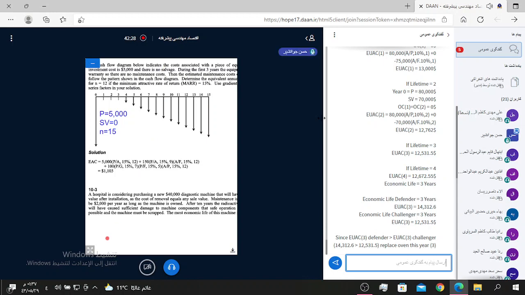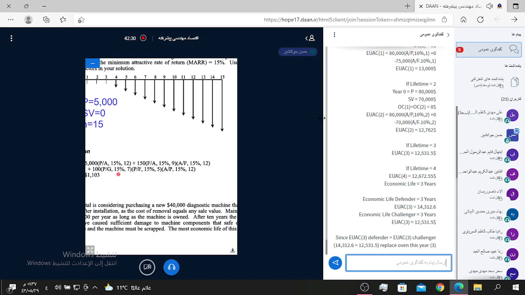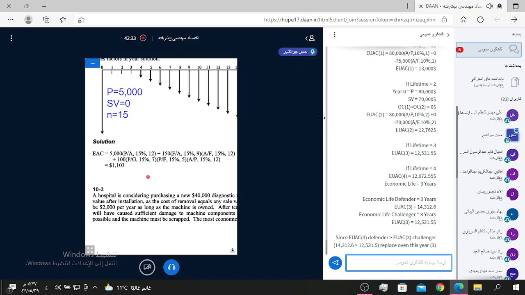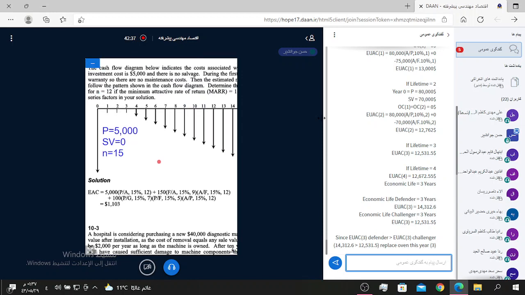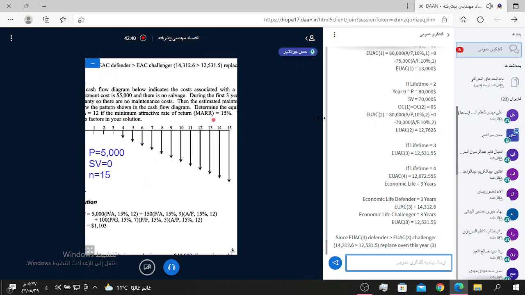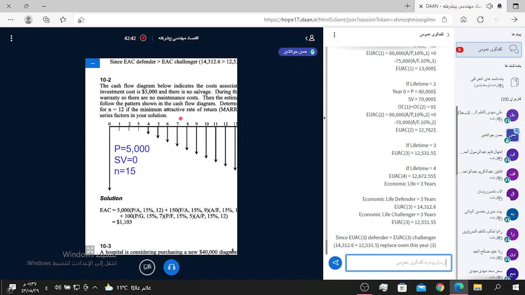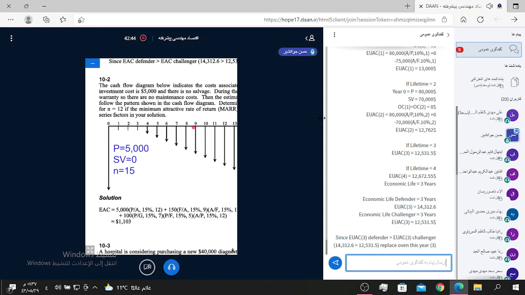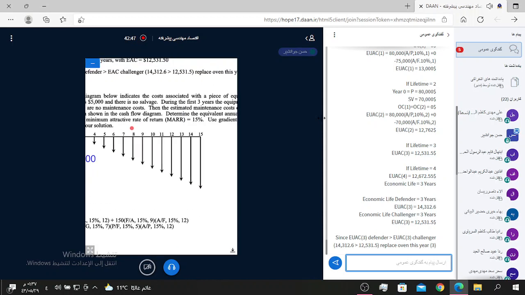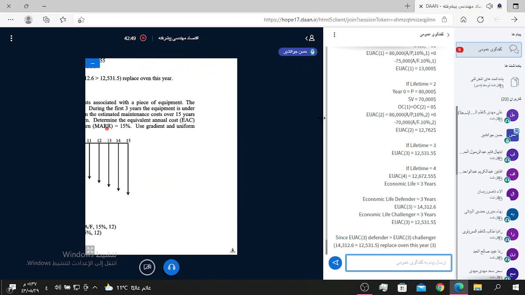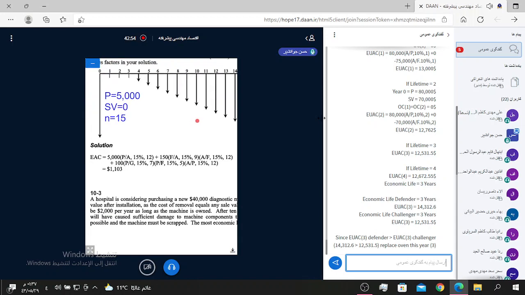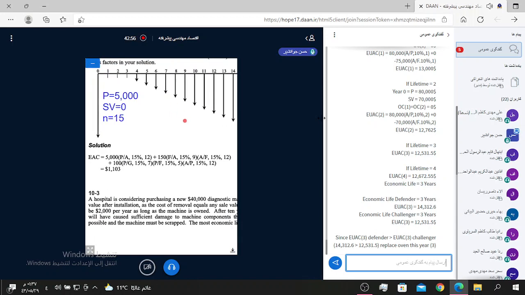For finding UAC, I must write MARR equal to 50%. Determine the equivalent annual cost, EUAC.